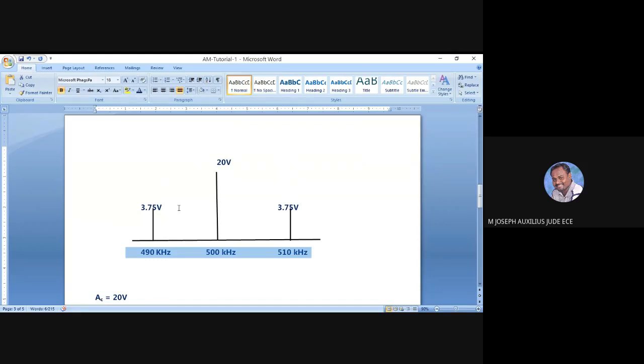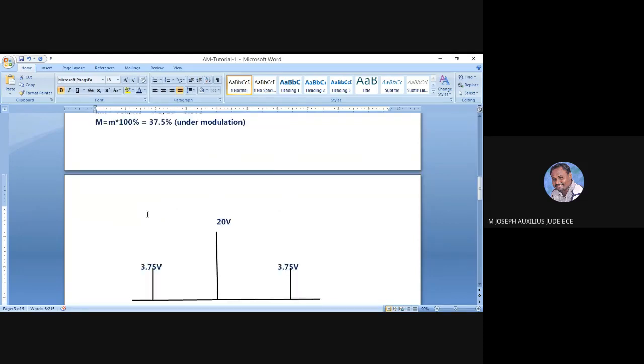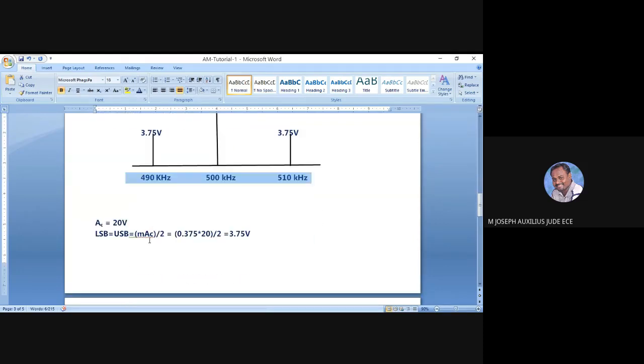The y-axis is derived as what? The lower sideband amplitude is derived as MAC by 2. From the same equation number 11, we know that the LSB and USB amplitude is MAC divided by 2, where M is the modulation index and AC is the amplitude of the carrier. When you substitute the values, M equal to 0.375, amplitude of the carrier is 20 volt, divided by 2, we get 3.75.